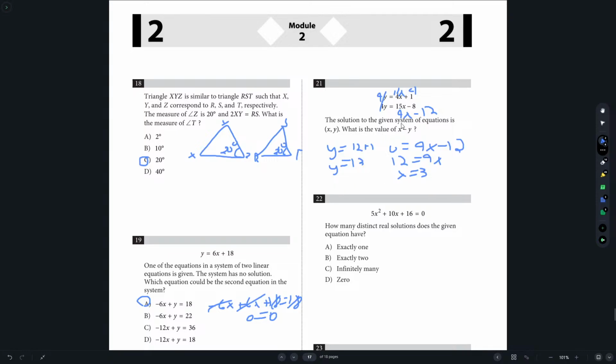So I would assume this is negative 10, but let's make sure. 4y is equal to 15x minus 8. That's 45 minus 8 is equal to... That does not look right. I definitely did something wrong here.